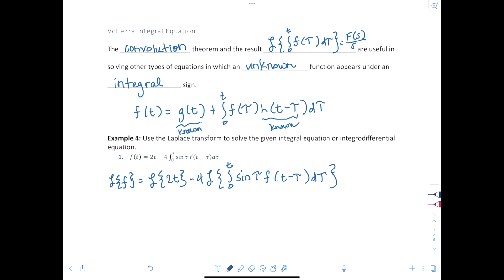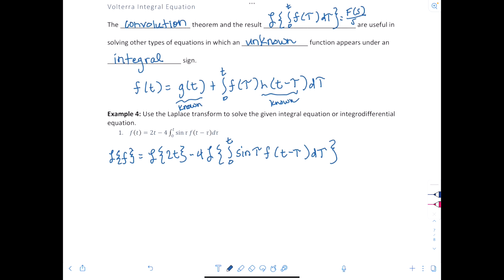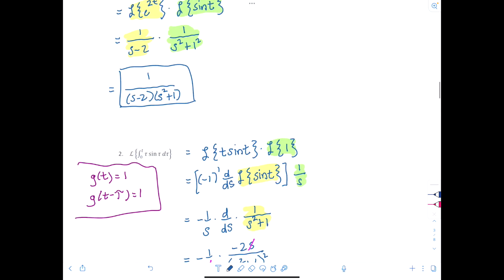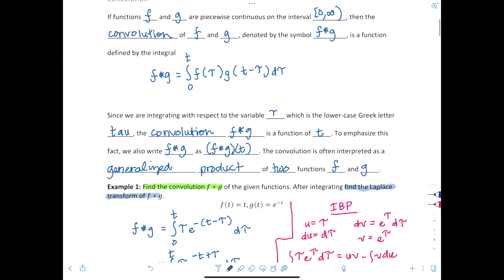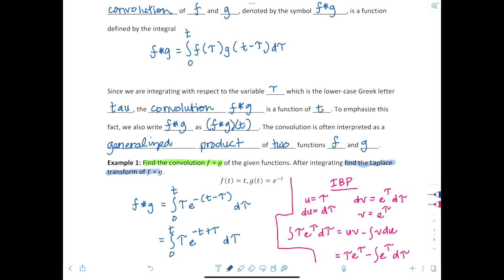So in here, this is the convolution of sine at tau and f at tau, right? If you look at the theorem way back here, the convolution is this. Look familiar? Except we have g and h instead.